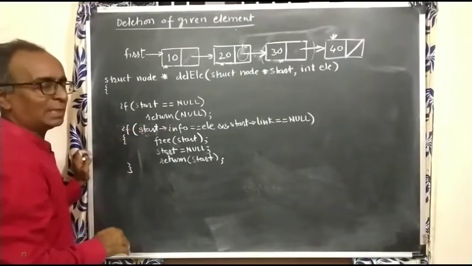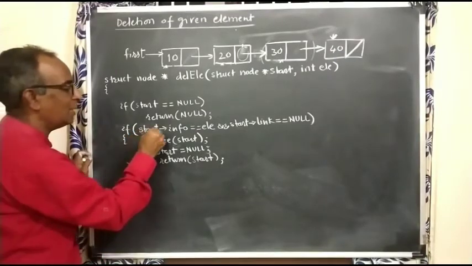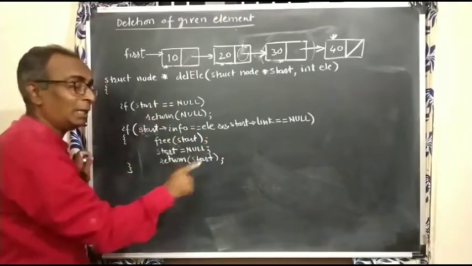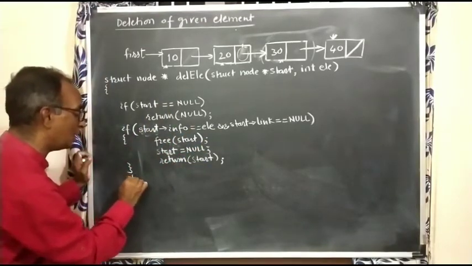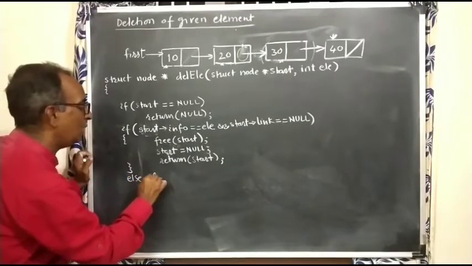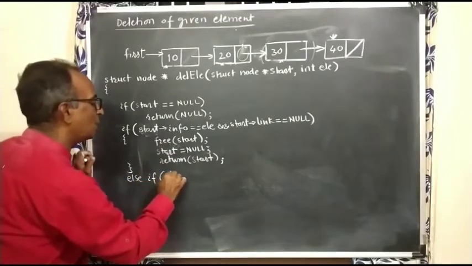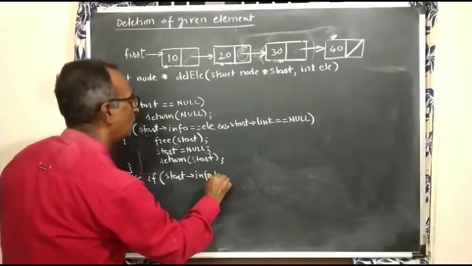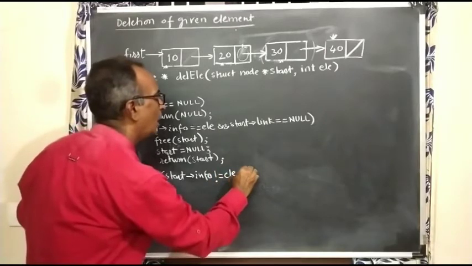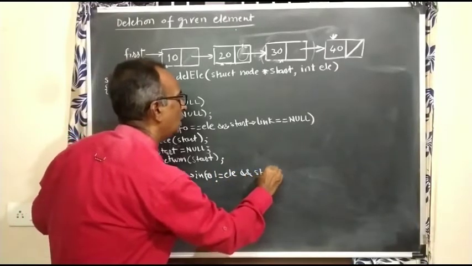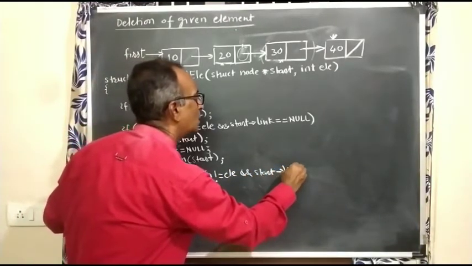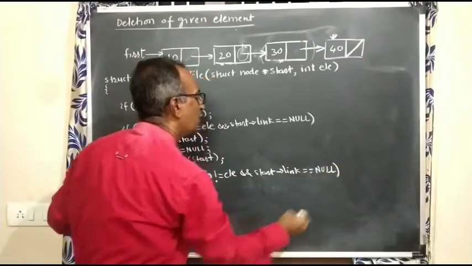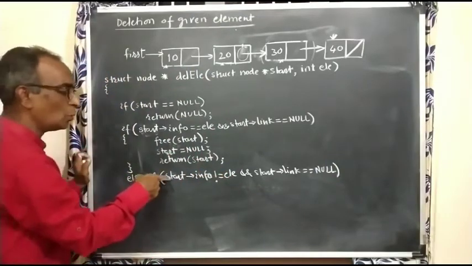If this is not the case, what is not the case? Else if start info is not equal to element and the list contains only one element, explicitly you have to write that. Else if the opposite condition: start's info not equal to element and start link is equal to null, only one node is present but the element to be deleted is not there.